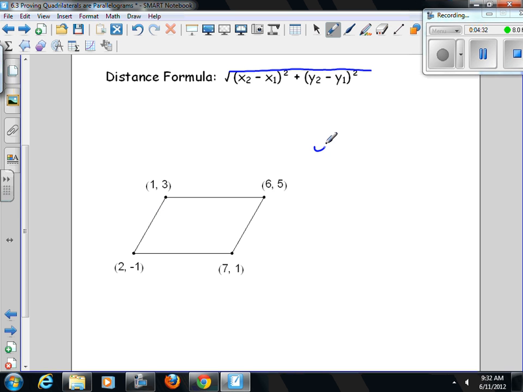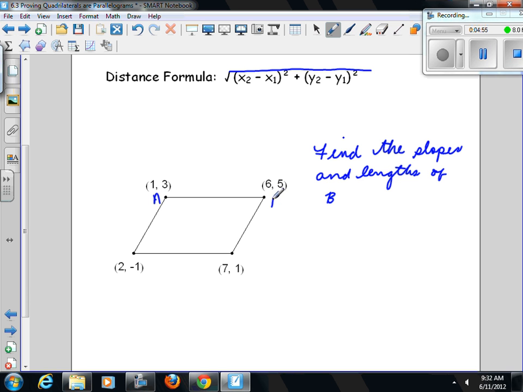So what we're going to do, I'd like us to find the slopes and lengths of, and I've got to label these.